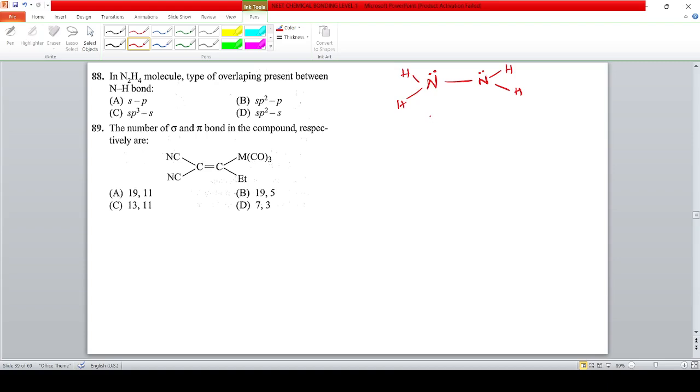Sir, nitrogen here is surrounded by 3 bond pairs and 1 lone pair, total 4 pairs. That means sp3 hybridization. Hydrogen has only a 1s orbital. So the bond formed is between an sp3 orbital and an s orbital. So the answer is option C. Question number 89. The number of sigma bonds and pi bonds present in the compound.